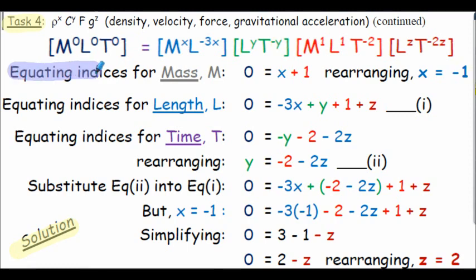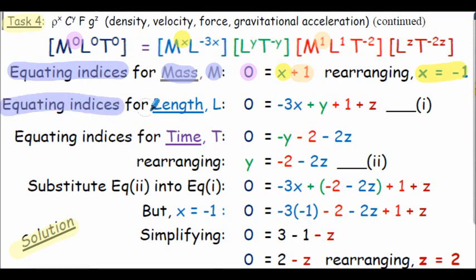So let's equate indices for the mass dimension M. Left hand side it's M to the power 0, so 0 on the left hand side of the equation. On the right hand side we have M to the power of x, so x, and M to the power of 1 here, so add the 1. So one unknown in one equation, we can solve directly. Subtracting 1 from both sides of the equation, we clearly see x is equal to -1.